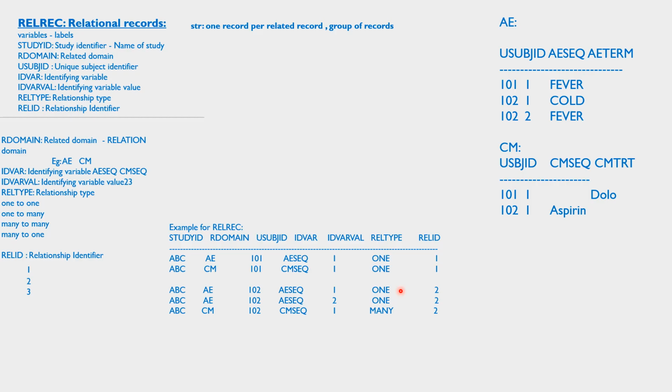The relation type will be many to one, because he got two adverse events, cold and fever, and for those two he took only one medication, aspirin. Due to many adverse events, he took one concomitant medication, so that's why we kept many. The RELID will be 2.